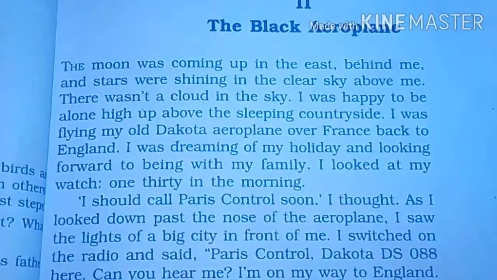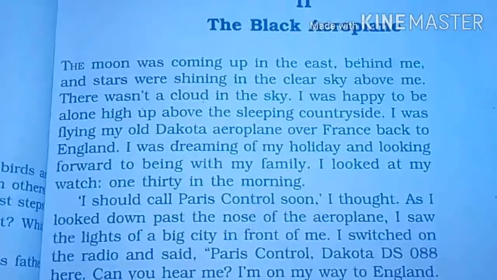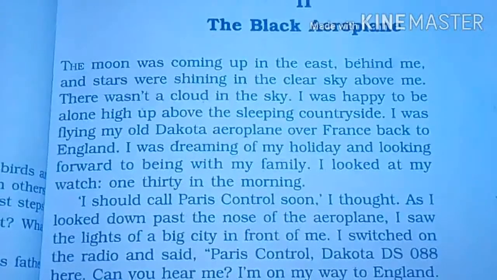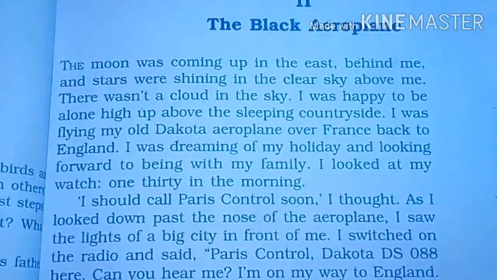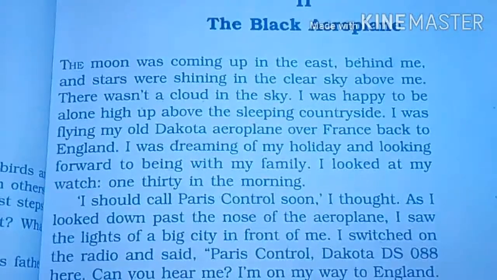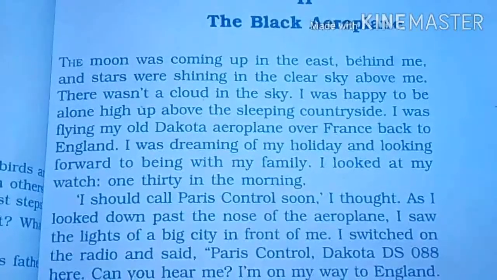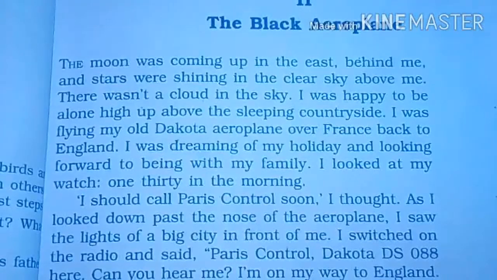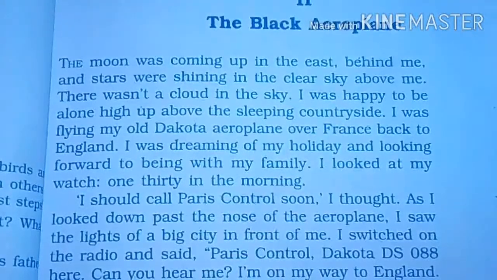The moon was coming up in the east behind me, and the stars were shining in the clear sky above me. So, it was a night setup. The author was flying back from France to England.